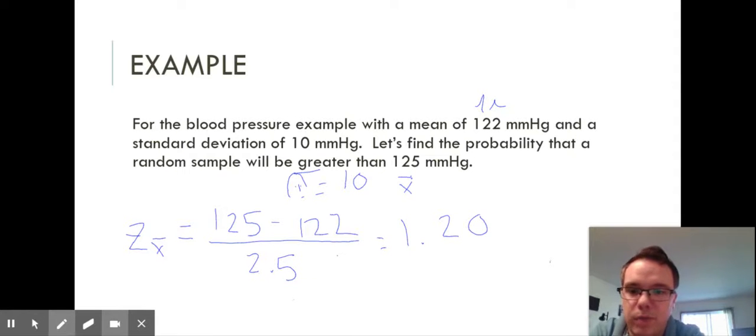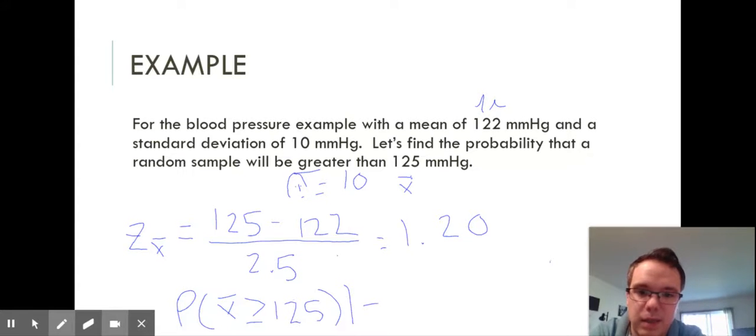If we want to find the probability that our mean is greater than or equal to 125, we're going to take 1 minus the probability of it being less than a z-score of 1.20. If you go to your z table, go to the positive side, go to 1.2 and over to 0.00, we get a probability of 0.8849.